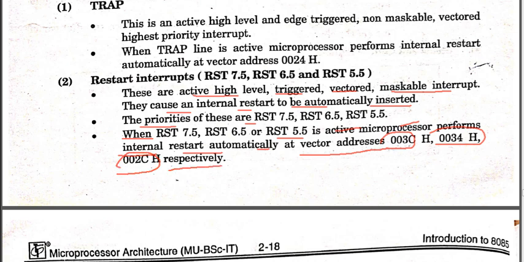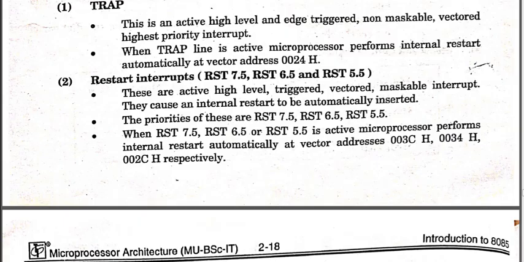So these restart interrupts, that is RST, are the active high level triggered interrupts and they are under the category of vector interrupts. And there are different priorities for these interrupts. We'll see in unit number 5. So these are used to restart the internal operations of the microprocessor automatically.